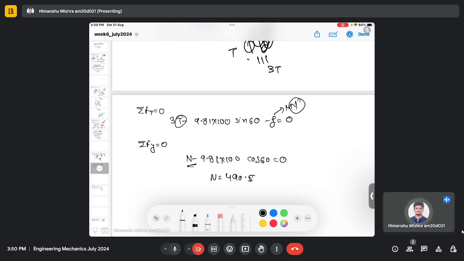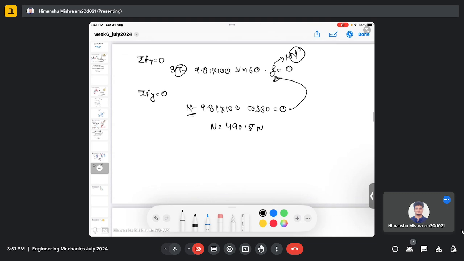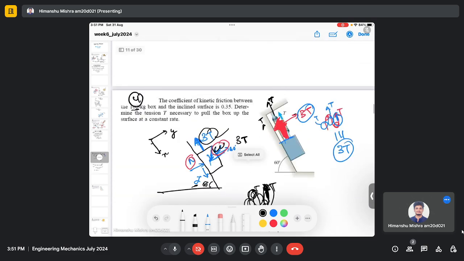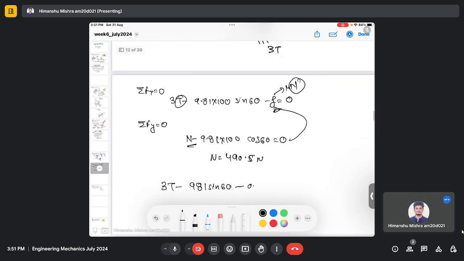So my normal reaction is N, which is 490.5 Newton. When we substitute here, we have 3T minus 981 sine 60 minus mu, which is 0.35, multiplied by 490.5 equals 0.